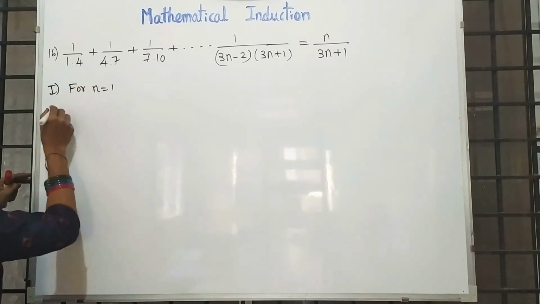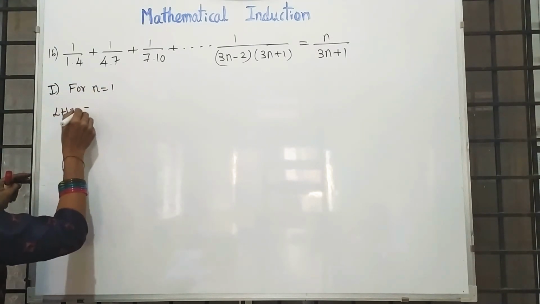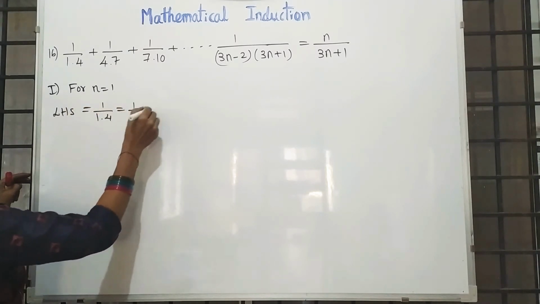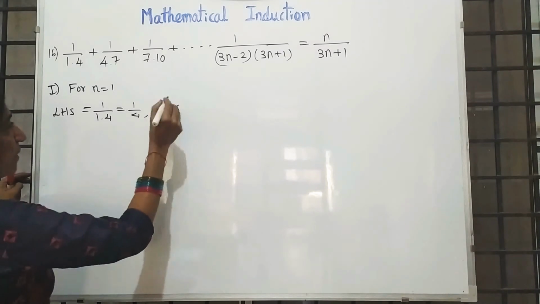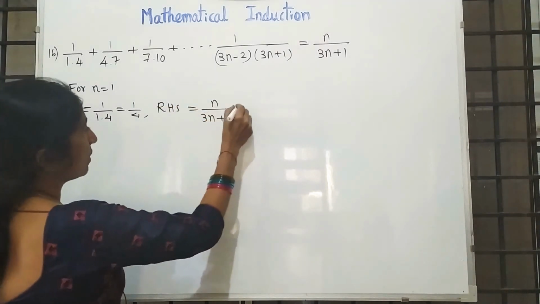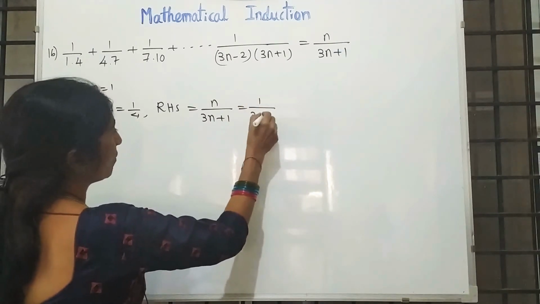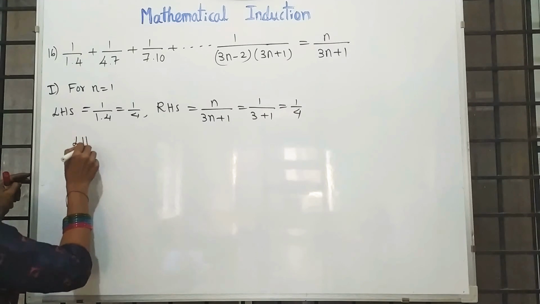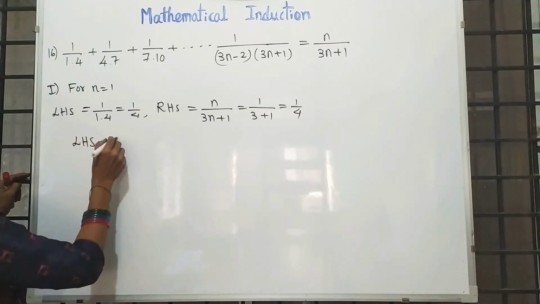What is the left side? 1/(1·4), that is 1/4. What is the right side? n/(3n+1). In place of n we are writing 1. This is 1/4. See, LHS is equal to RHS.